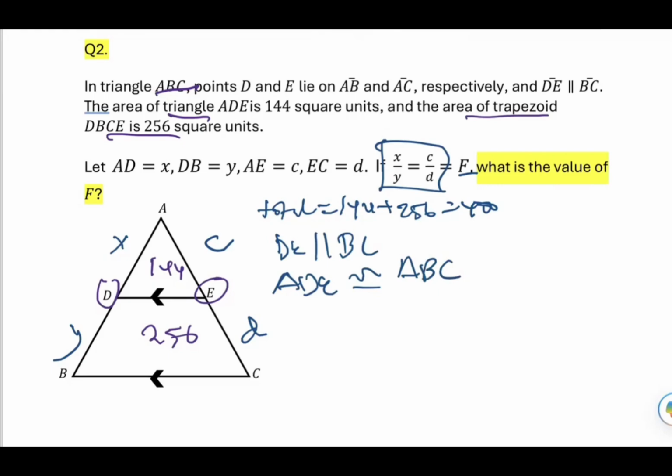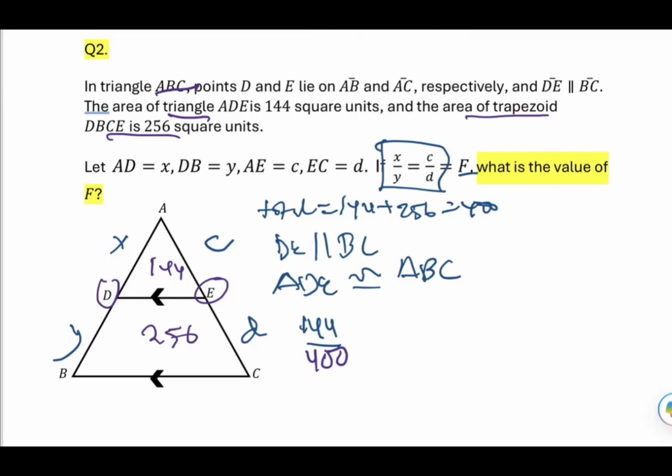Now, if that is so, then the sides should be proportional to each other. What is the area ratio? So the area is what? 144 over 256 based on what they've given us? That's the ratio of the areas. But think about it. It's not 256. That's where you make a mistake. It's the whole triangle. Therefore, the area is actually 144 over 400. That's the first thing I want you to pay attention to. So you take this small triangle, and you take the whole triangle.